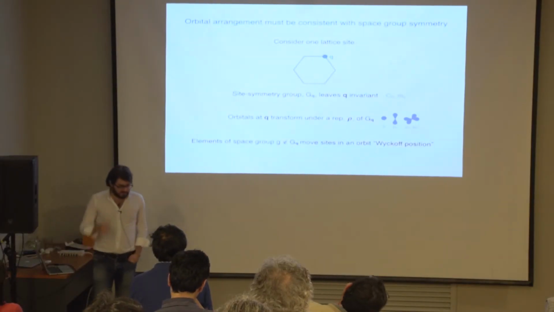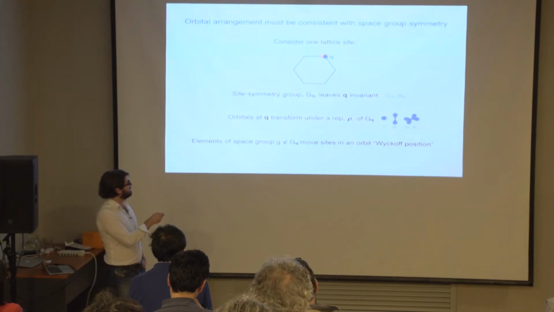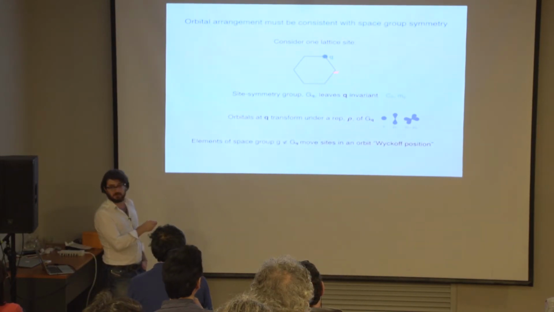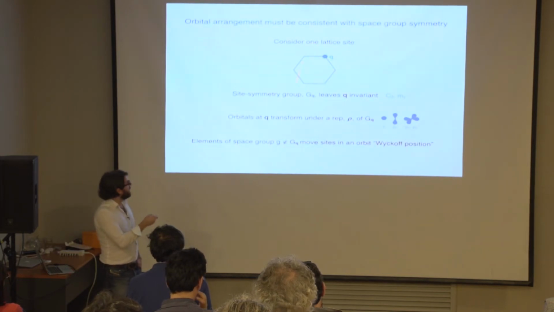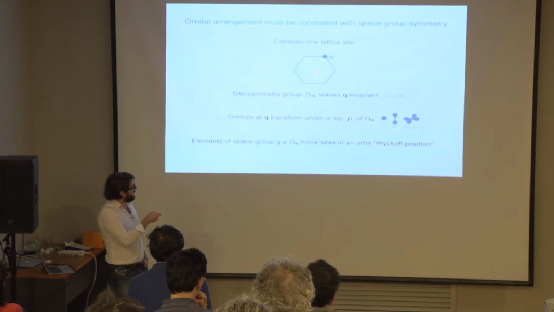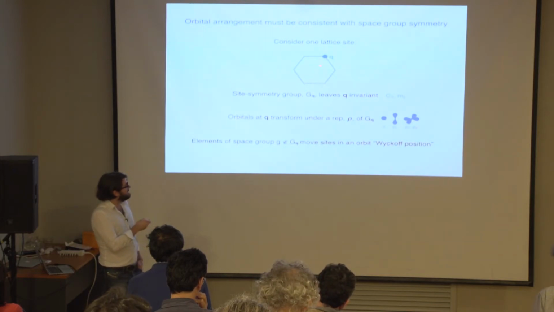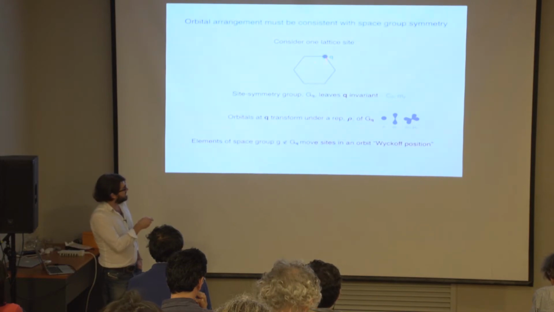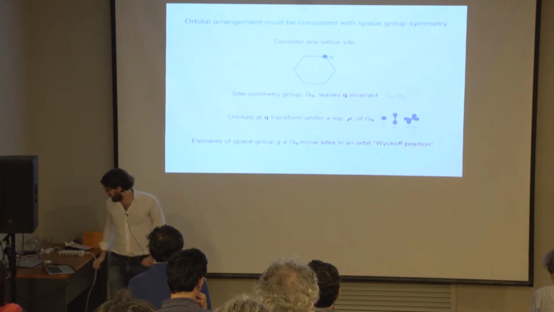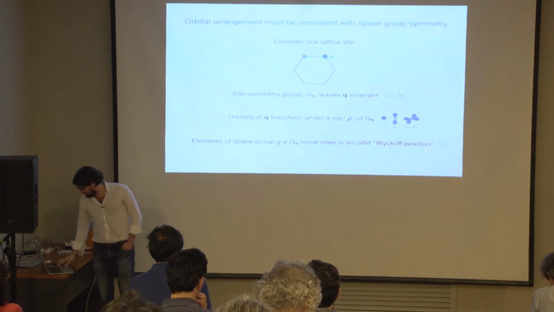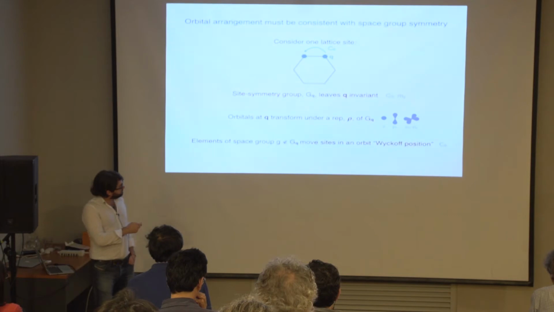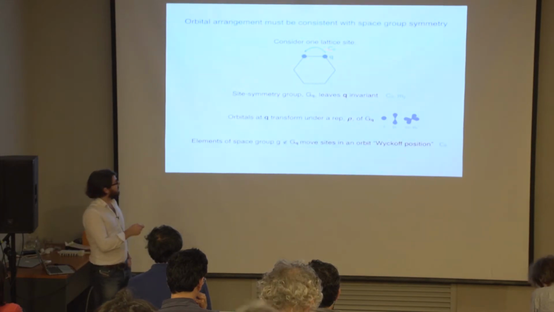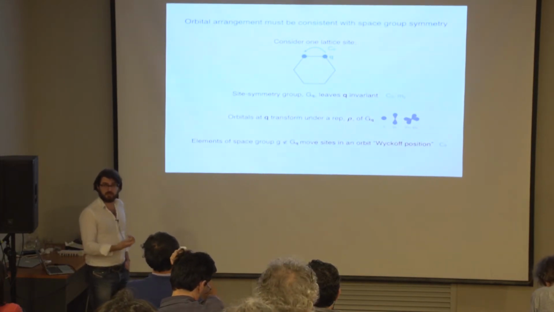Now, as I said, this C3V is the site symmetry group of this site, but there's the C6 symmetry of the lattice, a C6 component of the full space group of the lattice, which is C6V. And what this C6 does, which doesn't belong to C3V, the site symmetry group, is it actually moves this site to this site. So that's, of course, the A and B sublattices of graphene. And the A and B sublattices of graphene are really called a Wyckoff position in crystallography.